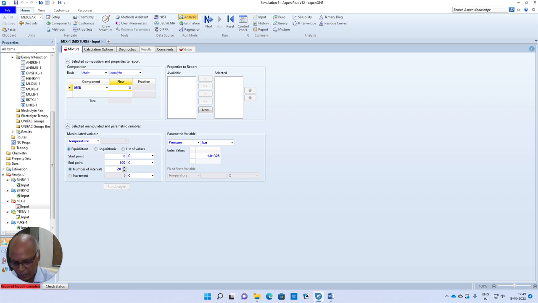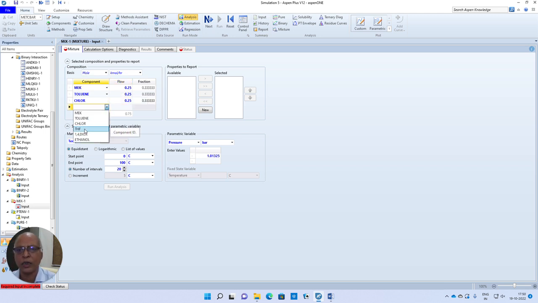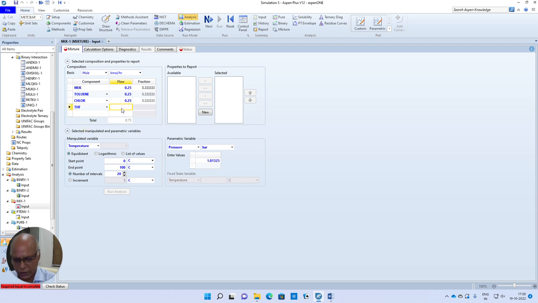Let us say, for example, 25% MEK, 10% Toluene, 10% chloroform. So you can have any such mixture, and the moment you give the composition, every component is having 25%.